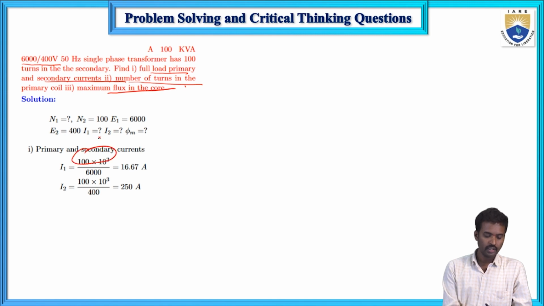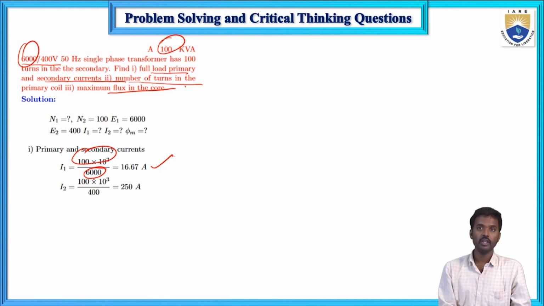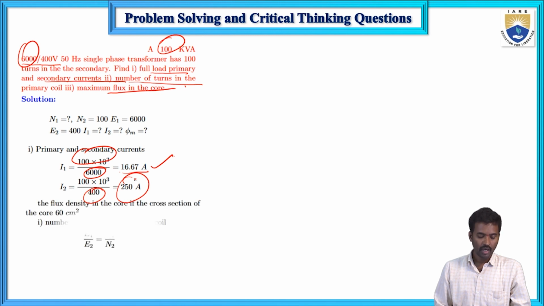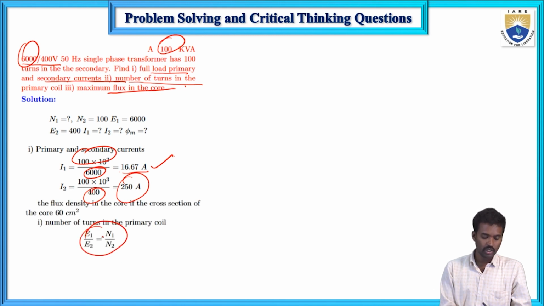So this is the rating, 100 kVA, and this is the primary current. I1 equals kVA rating by primary voltage, and that value equals 16.7 amperes, and the kVA rating by 400 volts, E2, and that value equals 250 amperes. And next, E1 by E2 equals N1 by N2. We know N2 equals 100 turns, and E1 and E2 we know.